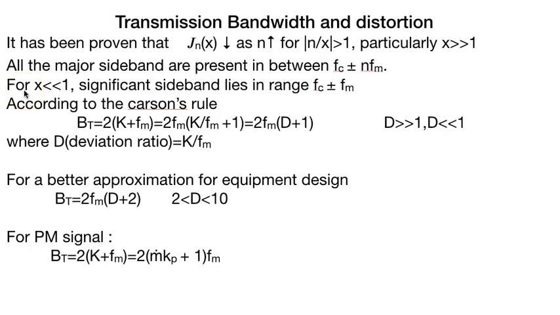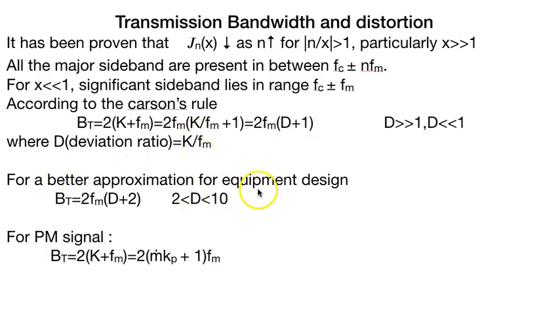Moving forward, we have transmission bandwidth and distortion. It has been proven that Jn of x decreases as n increases. So the major sidebands are present between fc plus minus fm. For beta less than 1, there are significant sidebands in the range fc plus minus fm. According to Carson's rule, BT is 2(k plus fm), which is 2 fm (k by fm plus 1), that is 2 fm (D plus 1), where the deviation ratio D is k by fm.